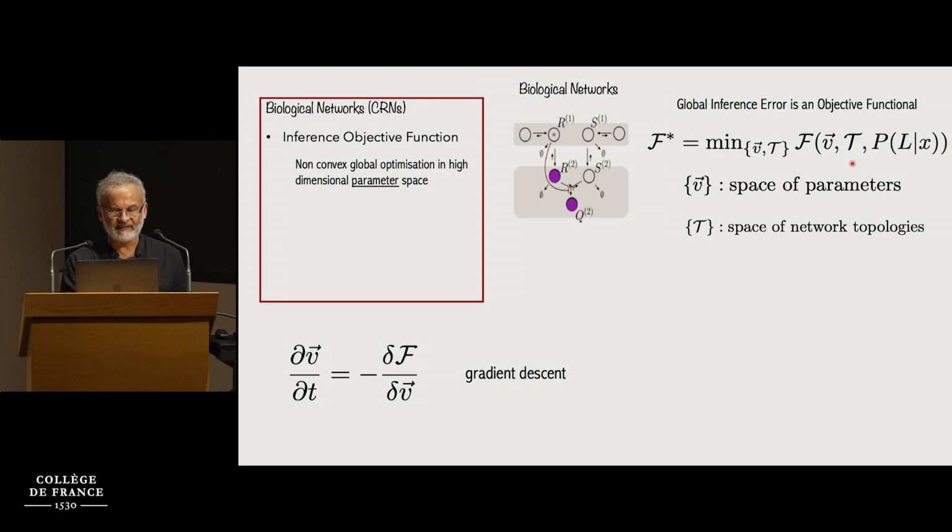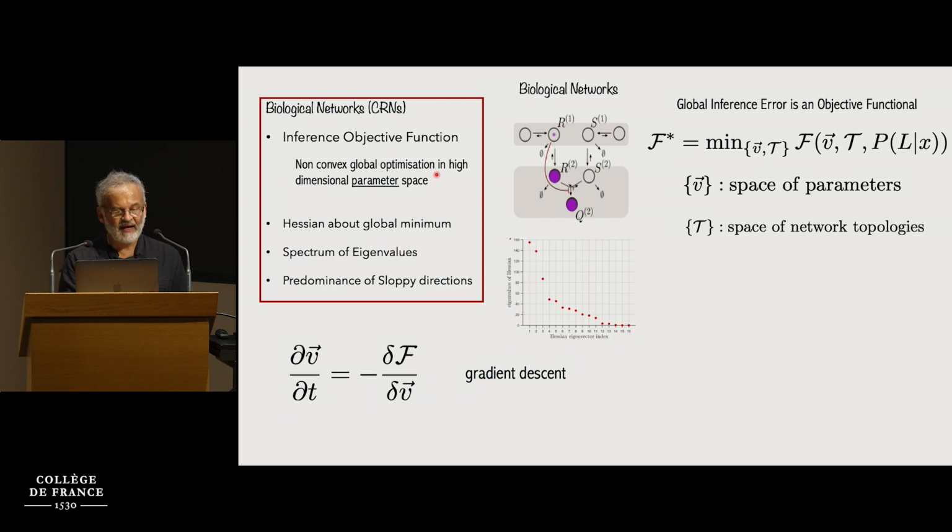The scope of this calculation was to show that one needs to minimize this objective function in the space of parameters and topologies. That's what I'll call F star. This optimization is very high dimensional, as I said, and is non-convex. There are multiple minima.